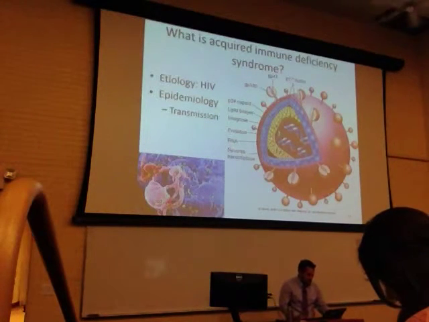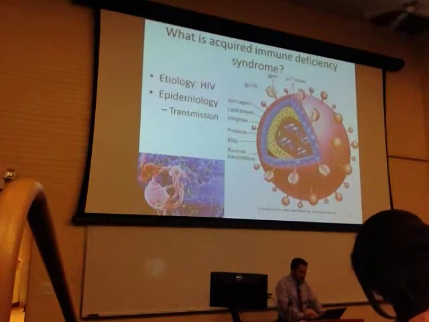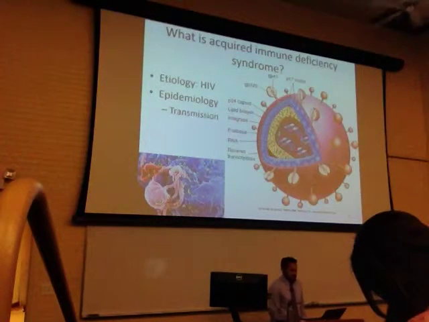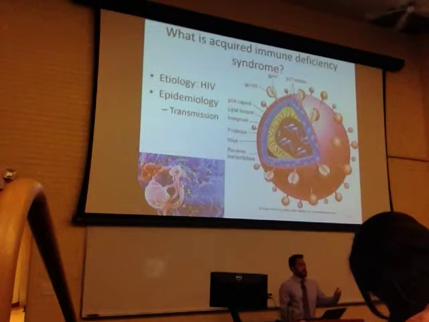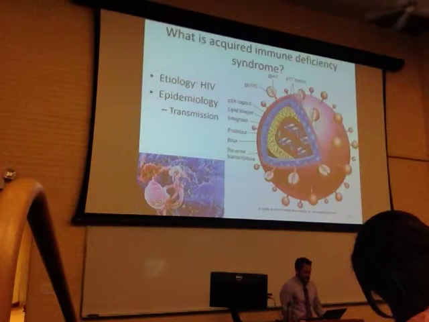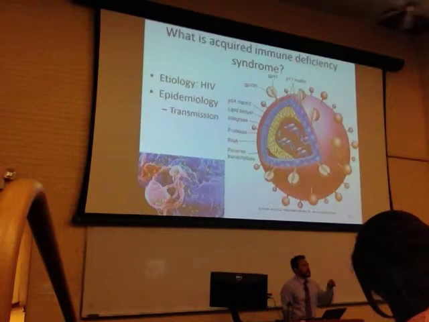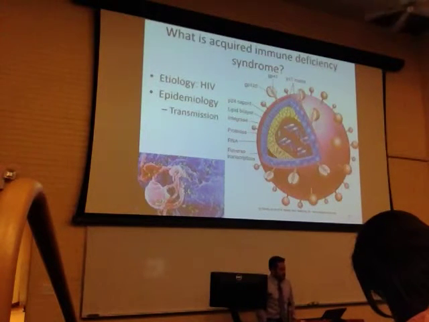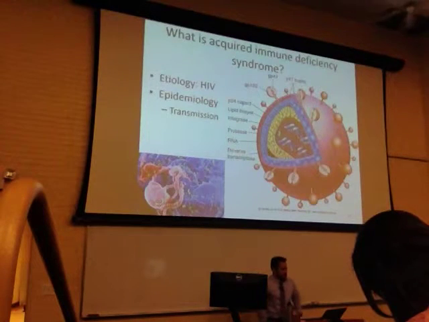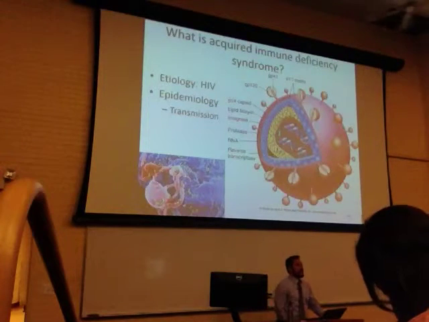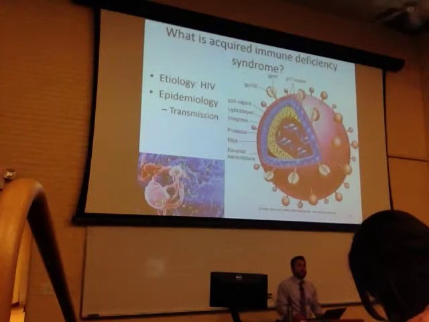So, some of the transmission details. HIV probably arose from simian immunodeficiency virus in the 1930s, is what our data tells us. And it began diversifying. It was first discovered in the human population in 1959 in the Democratic Republic of Congo. Transmission: today, heterosexual activity is the number one form of transfer of the HIV virus.